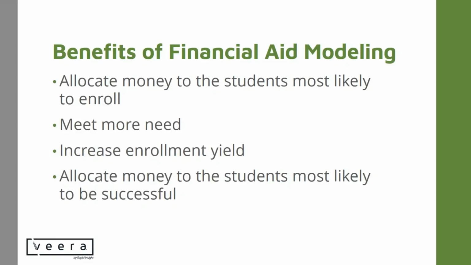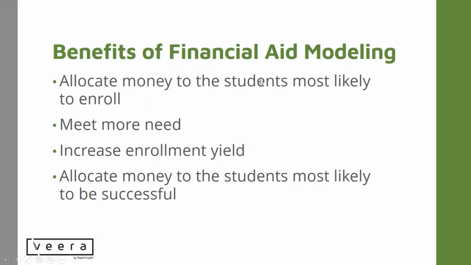I assume that everybody in the audience is pretty familiar with financial aid, either dealing with it directly or very heavily in a supporting role. When you accurately allocate financial aid, what that means is that the students that you're offering aid to, their need is being met. And so there are a lot of benefits to it.